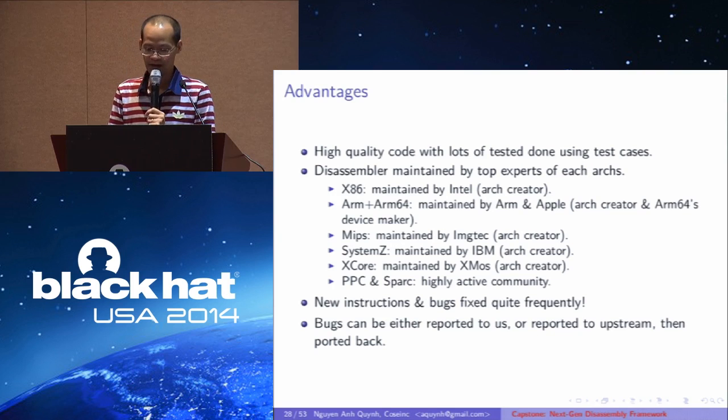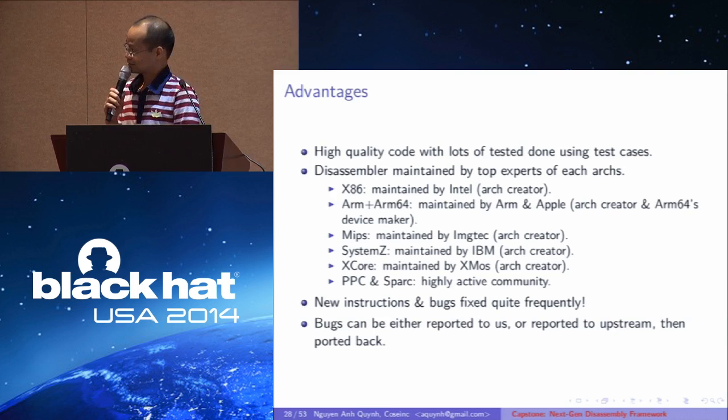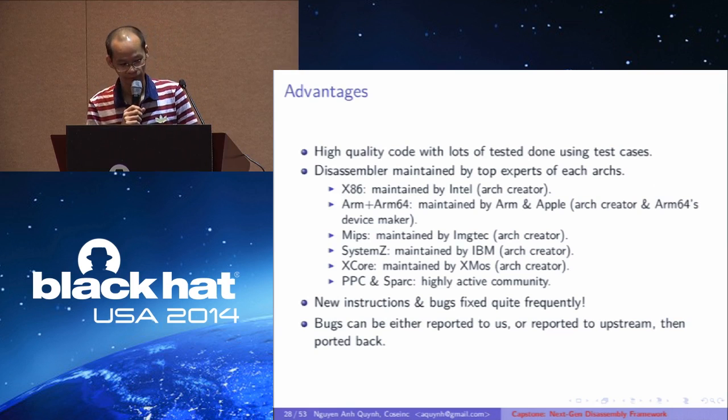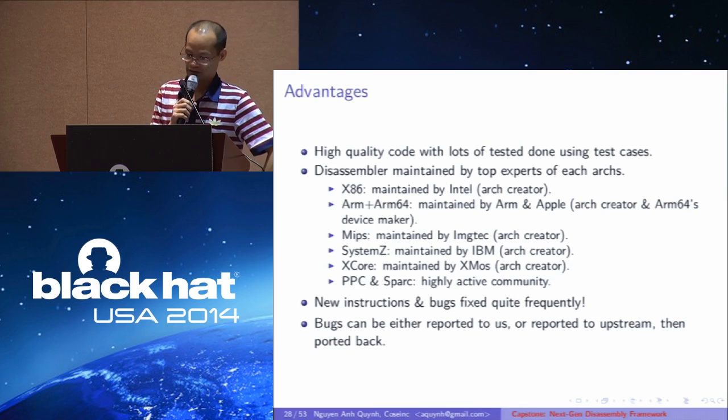For example, x86 is mainly maintained and contributed by Intel, the x86 creator. ARM and ARM64 are maintained and contributed by ARM and Apple, who created the architecture, and are also the only device maker on the market now for ARM64. The latest Apple devices use ARM64.